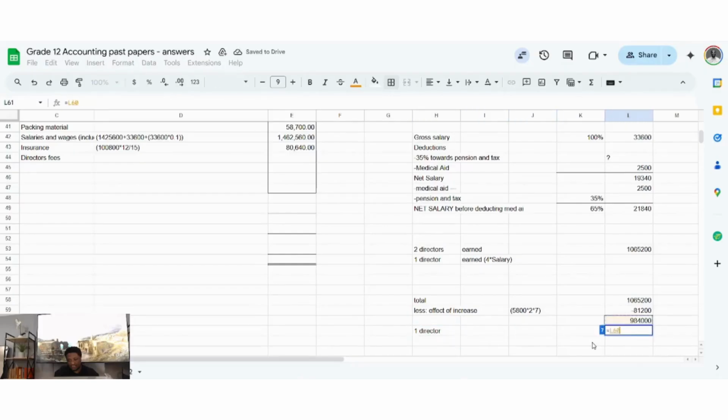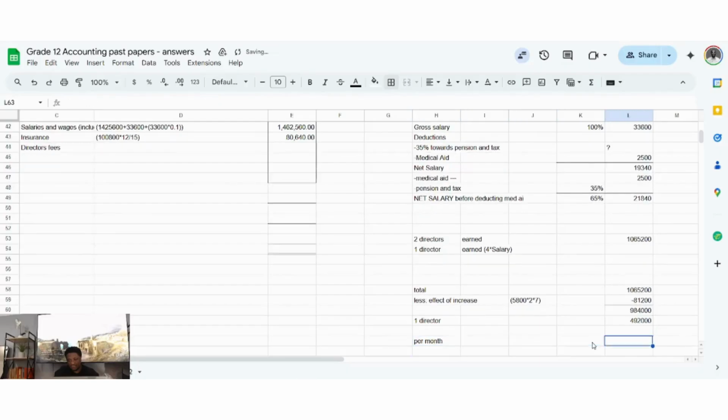So one director earned 984,000 divided by 2, which is 492,000, and then per month, one director would have earned 492,000 divided by 12. So they would have earned 82,000 per month.